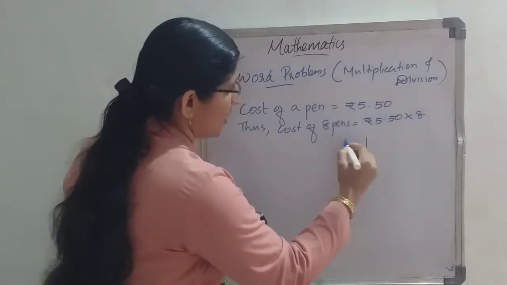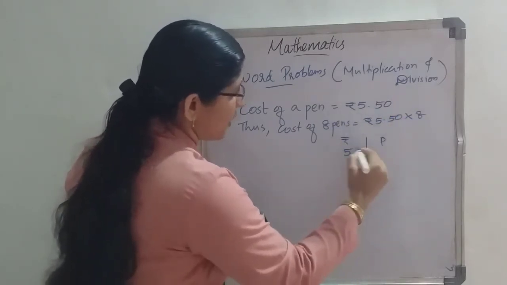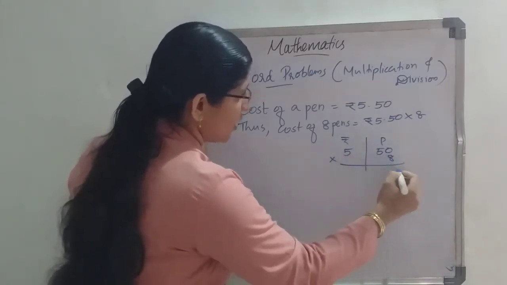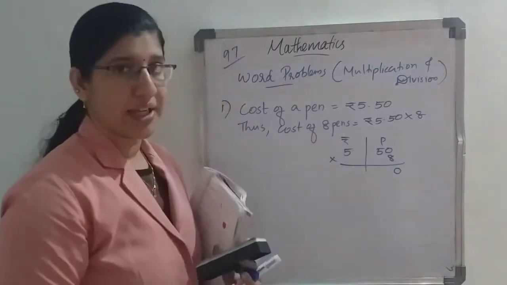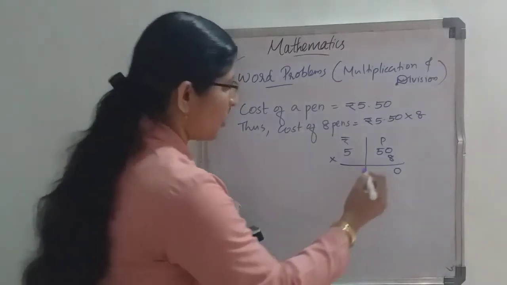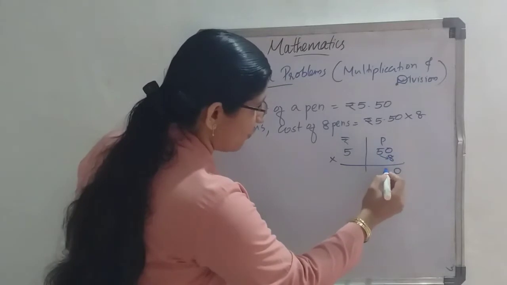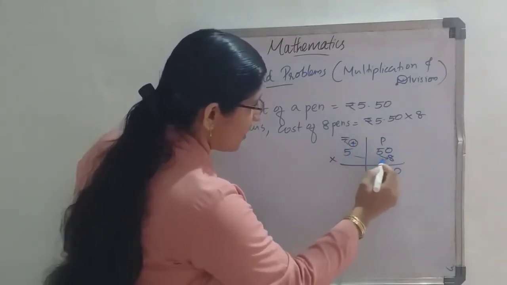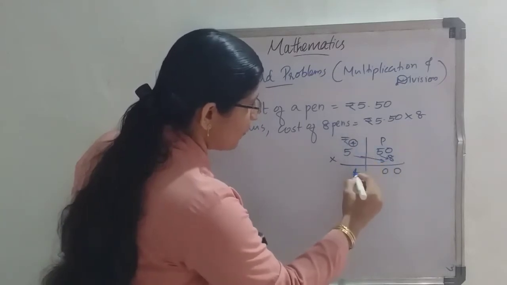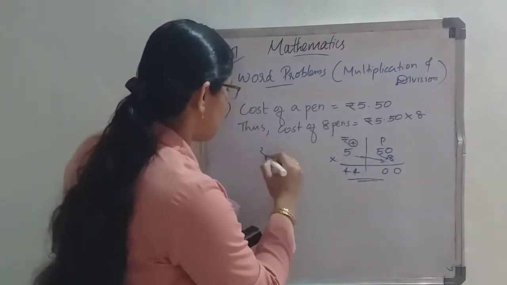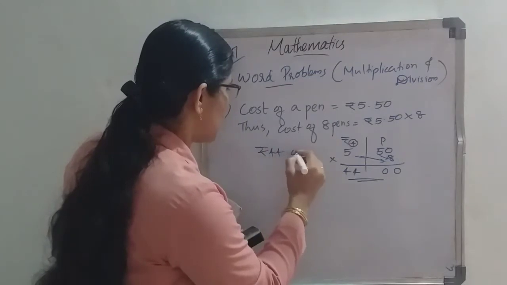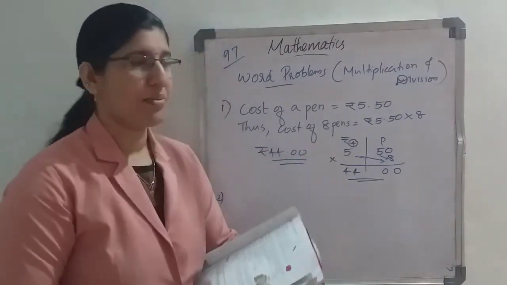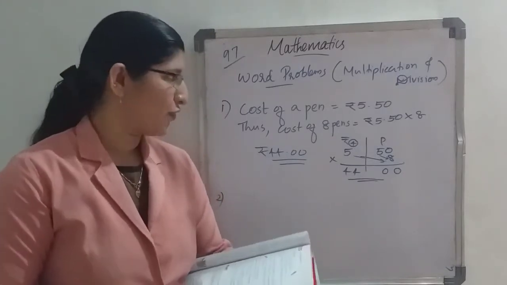You can draw the line. Rupees, paise. 0 into 8 is 0. Whenever we multiply any number by 0, the answer will be 0. 5 8s are 40, 4 carry over. Then I wrote 0, 4 carry over. 5 8s are 40, again 40 plus 4, 44. So the answer is 44 rupees. So the cost of 8 pens is 44 rupees.